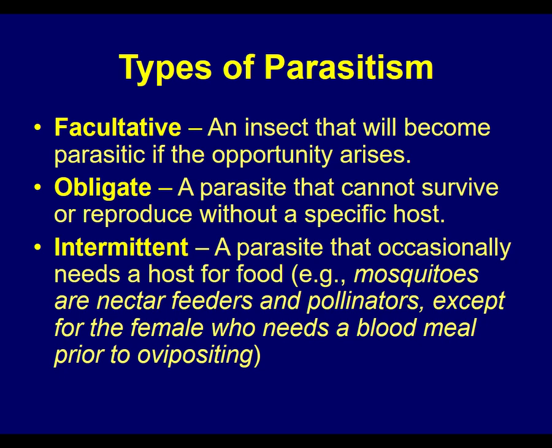Obligate, an obligation means that it's required. So if you're an obligate parasite, that means you have to be attached to the host, and your own life depends on it. Your species depends completely on that host.